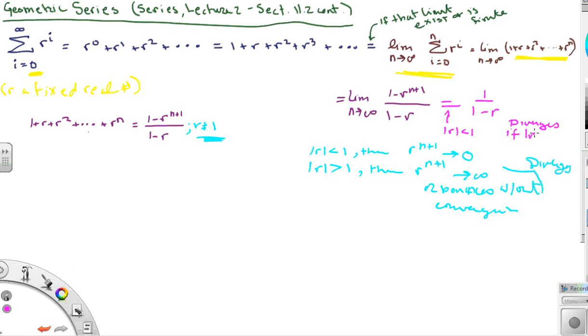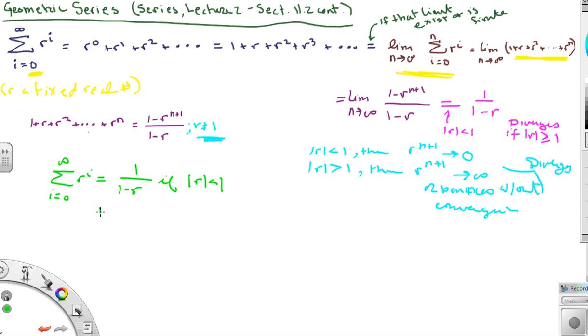So we've come up with our first formula. Let's write that separately because it's really quite an important formula. The sum from i equals 0 to infinity of r to the i is going to equal 1 over 1 minus r if the absolute value of r is less than 1.